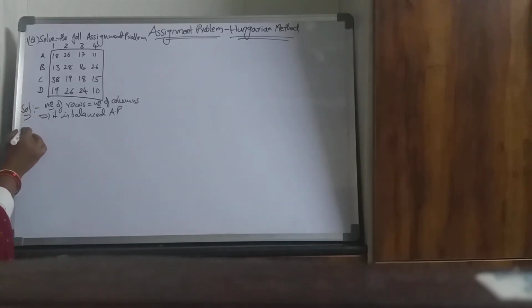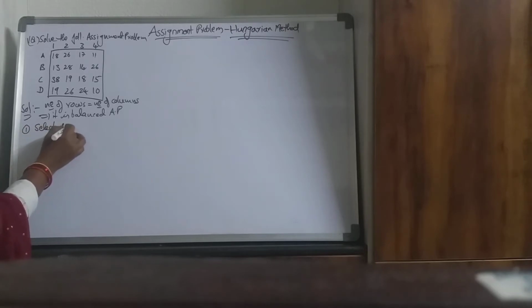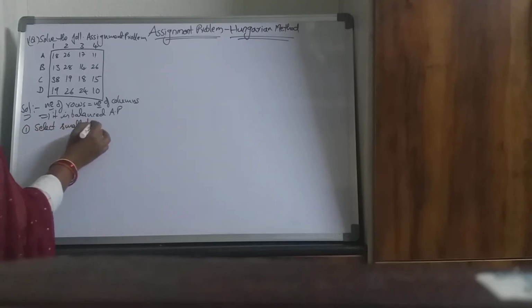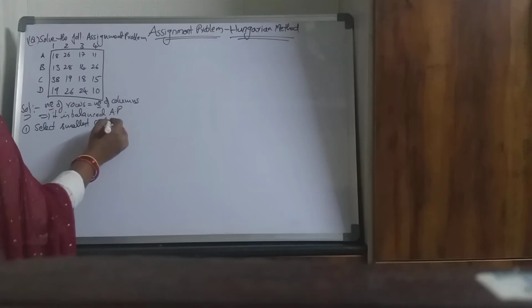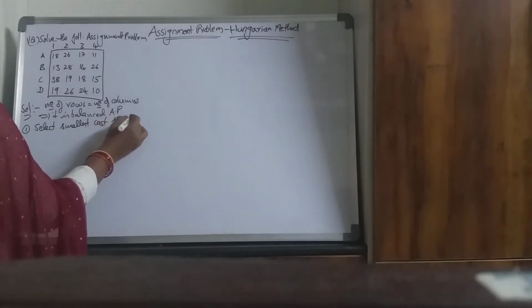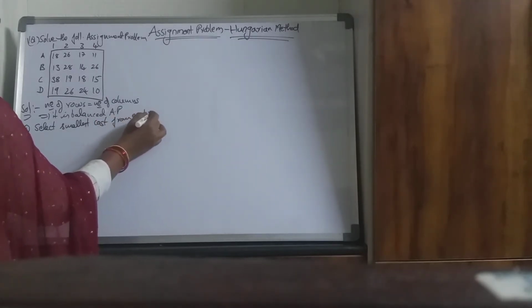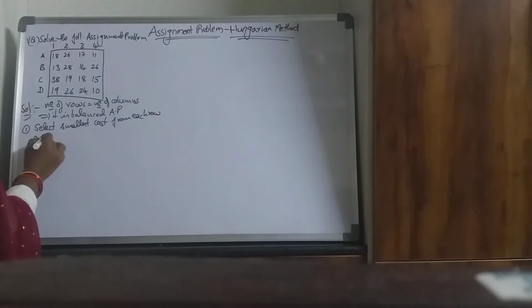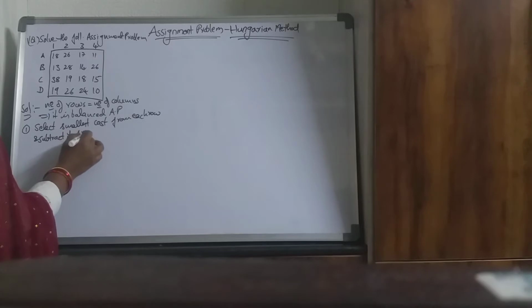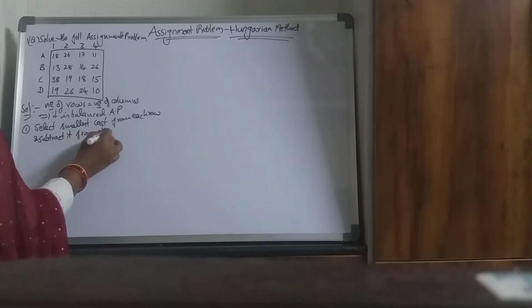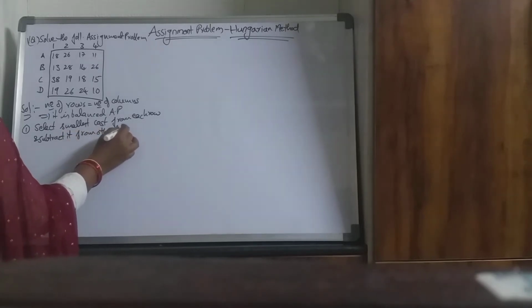So first step is select the smallest element, smallest cost from each row and subtract it from other elements of that row.